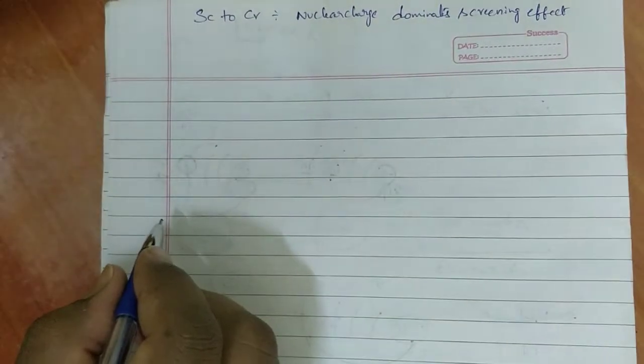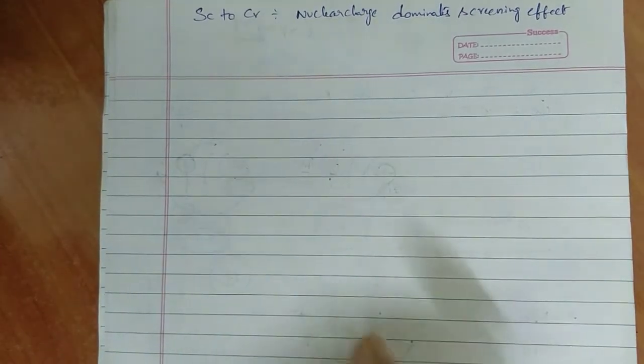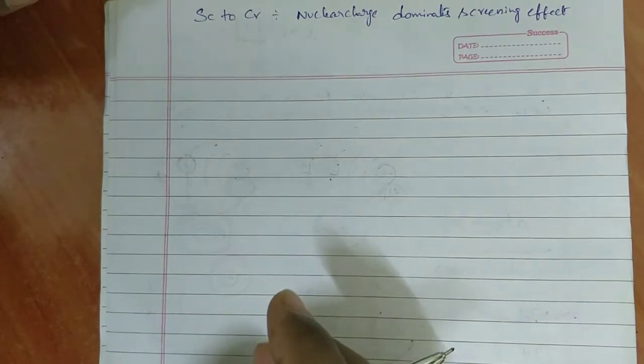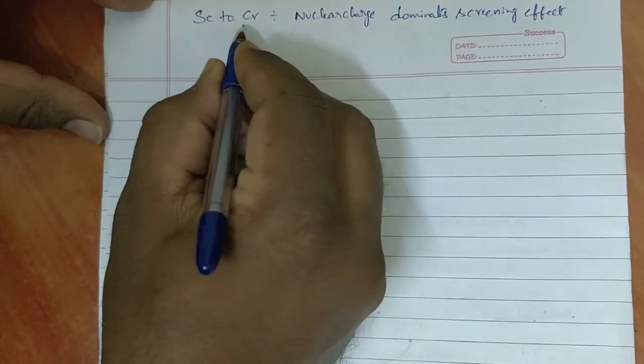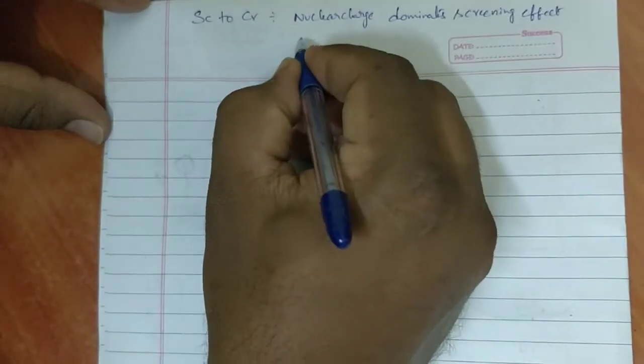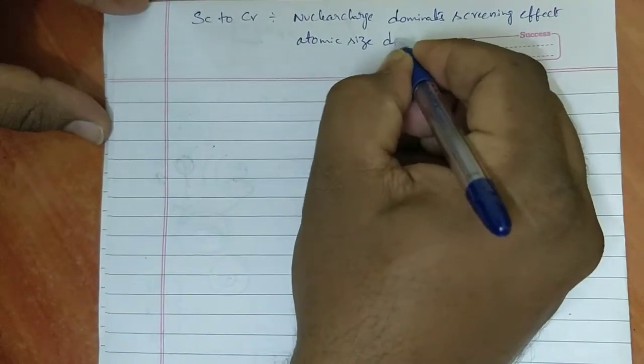When nuclear charge dominates screening effect, nuclear charge is more than screening effect, then the nucleus will hold the outermost electrons more effectively, then the size of the atom decreases. So scandium to chromium, atomic size decreases.